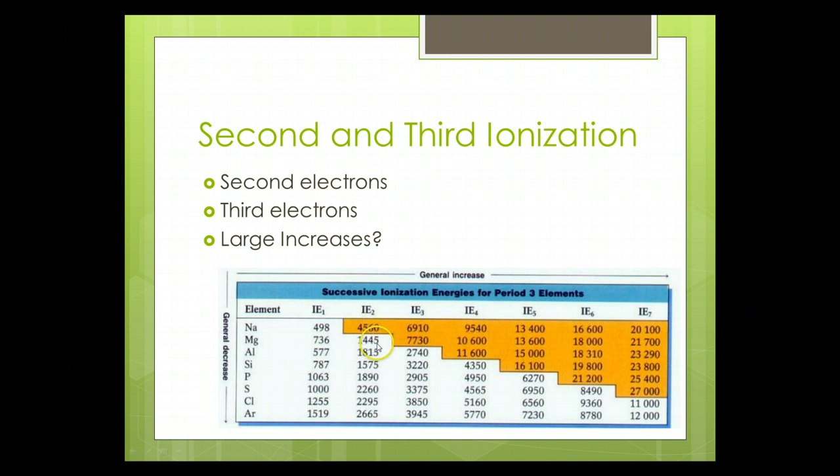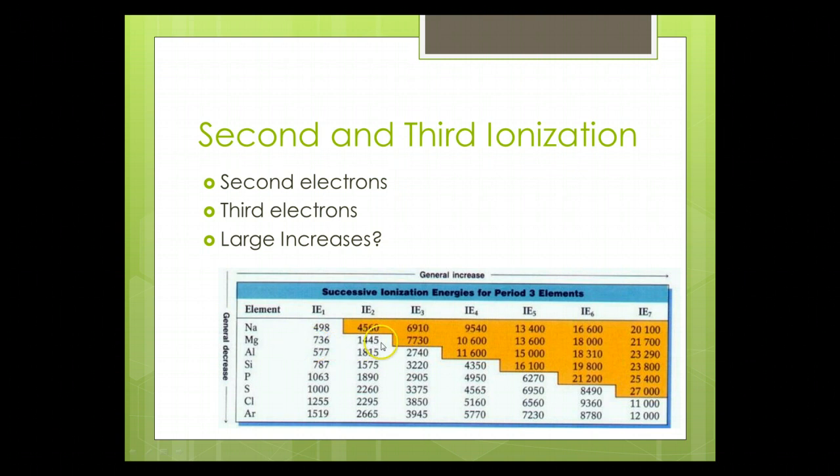But then when we go from the second to the third electron being removed, it now is almost 5 times as great. Why is there this big gap? And you see it kind of stair steps down. That's because this is a valence electron, but this is a core electron. When I remove a valence electron, it's difficult, yes, but not nearly as difficult as removing a core electron.